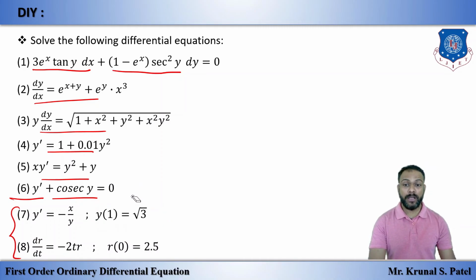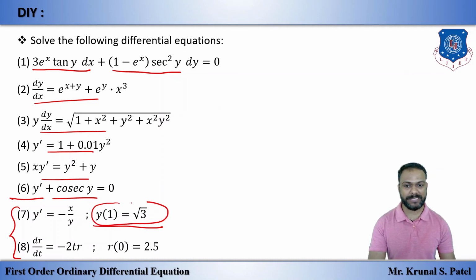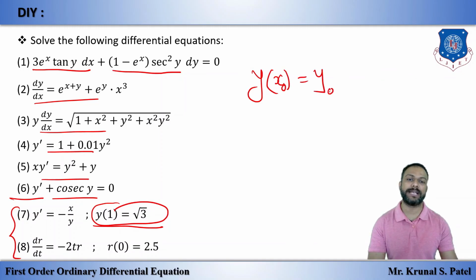Here, how do you decide the value of which variable? Whenever this form is given, you consider y of x0 is equal to y0. This is the value of x, and this is the value of y. So here we will write that when x is 1, y is root 3.